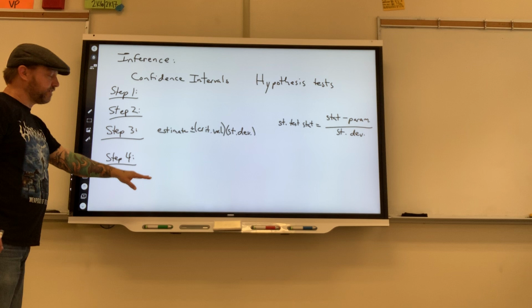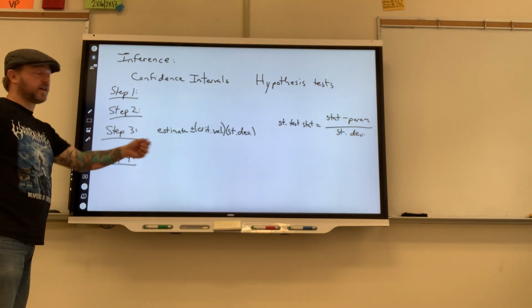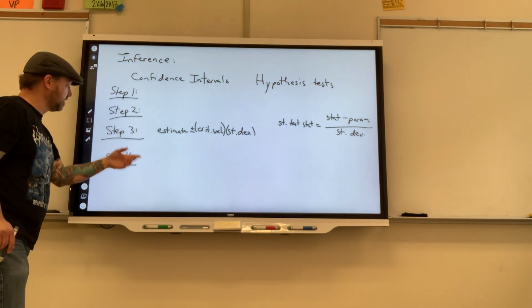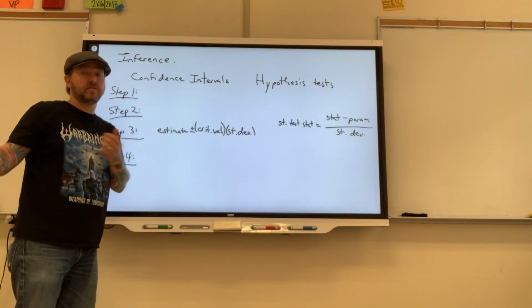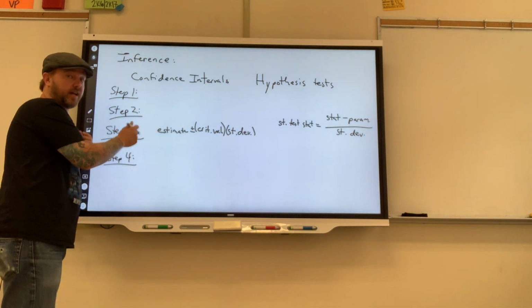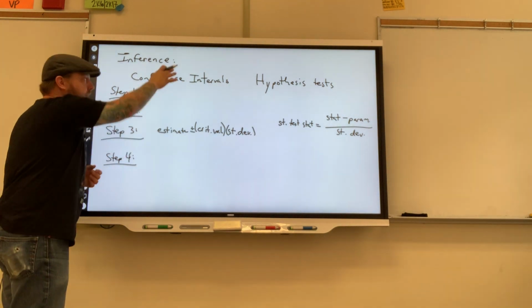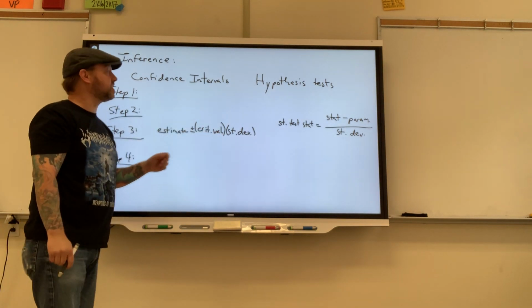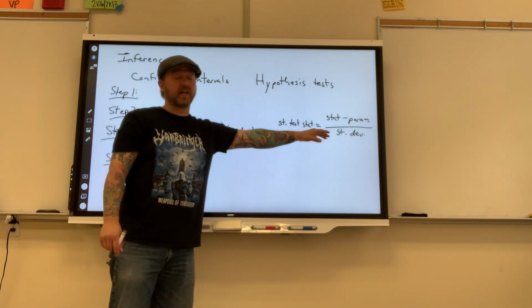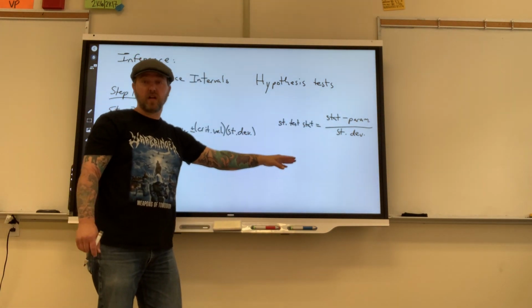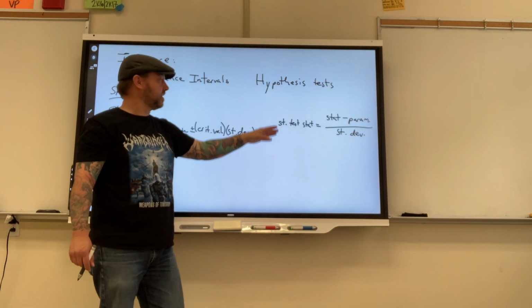Okay? Step 4, interpret your results in the context of the problem. If it's a confidence interval, we are 95 or 99 or whatever percent confident that the true mean or the true proportion is within whatever we came up with in step 3. On a hypothesis test, we found the p-value. If the p-value is low, we reject H naught, okay?